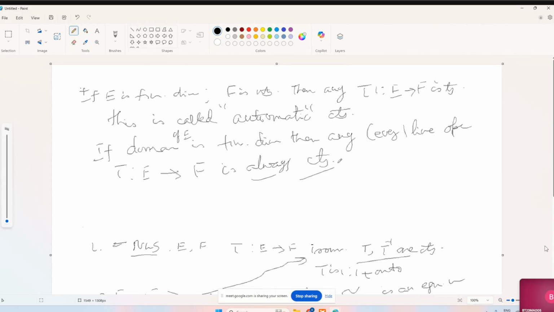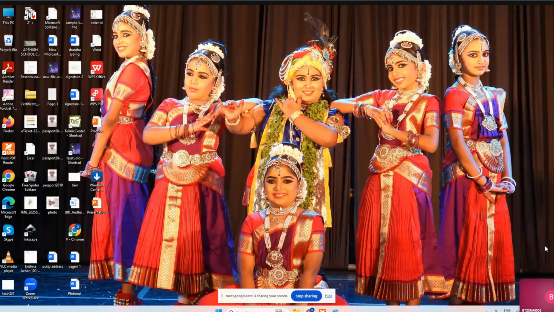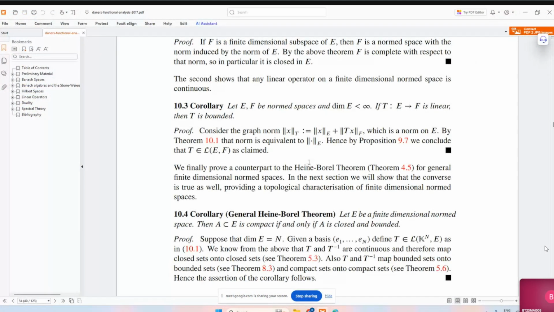This is called the automatic continuity property. What I wish to tell you is that this sort of automatic property, you don't get it frequently. So that is what I wanted to tell you.